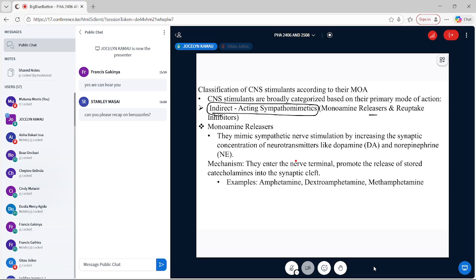And dopamine is a neurotransmitter that helps you to feel pleasure, feel good, and so on. That is why people get addicted to tobacco and cigarettes, because they have nicotine, and the nicotine will trigger the release of dopamine.